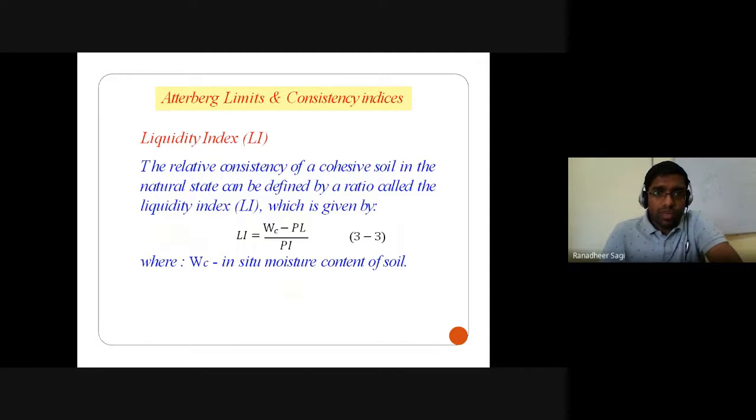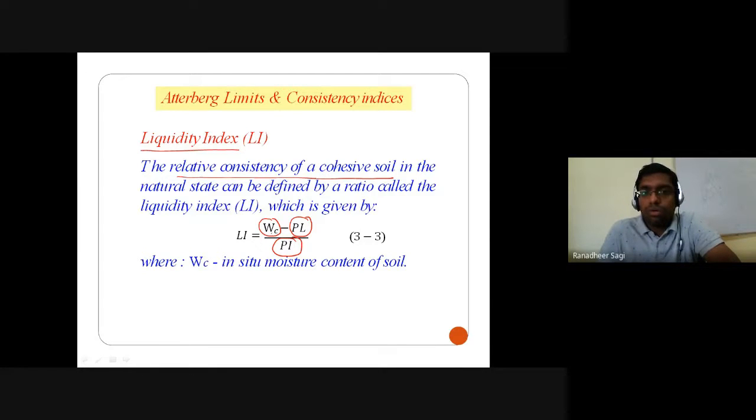Another term we are going to come across is the liquidity index. The liquidity index is another relative consistency term which we use in the case of cohesive soil. It is defined as the ratio of the difference of the natural water content and the plastic limit value of the soil, to the plasticity index.